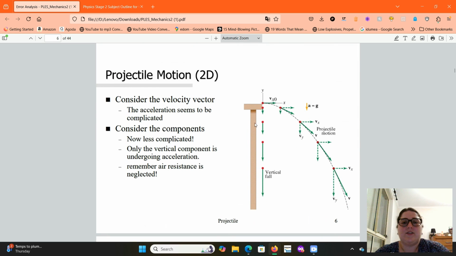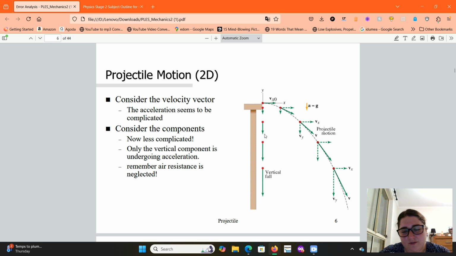So considering the velocity vector, you have the vertical fall and the horizontal movement across. The acceleration looks complicated, but look at the components of it. It's now less complicated when you look at it. The horizontal projection stays the same.